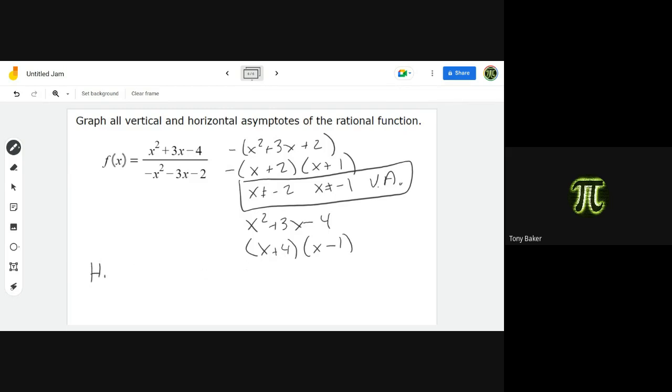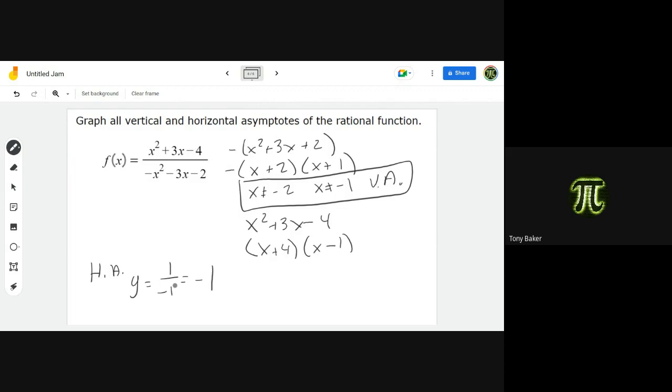Now my horizontal asymptote, what's the degree of the top? The degree of the top is 2. The degree of the bottom is 2. Remember, degree is just the highest exponent. So you're just looking at the highest exponent. So they're both 2 in this case. And I have 1 over -1, which is -1.